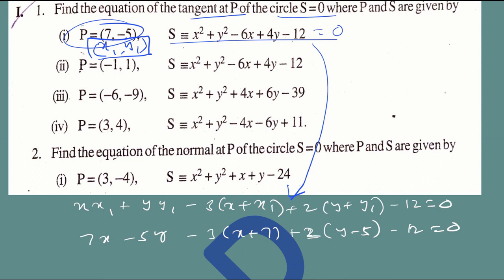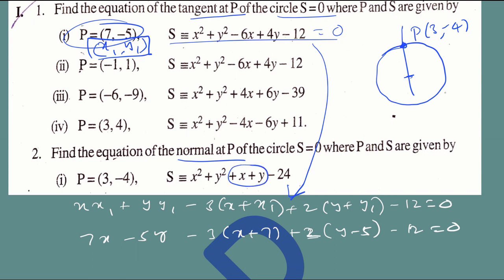Now, coming to this second problem, it is asking us to find the normal at P this time. You see, I told you, normal always passes through the center of the circle. Normal at this point, say this is 3 comma minus 4, and that is the center of the circle. What is the center here? Minus g comma minus f.